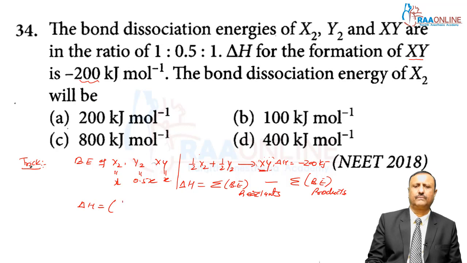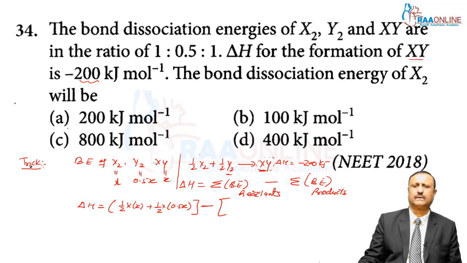Here this is half X2, so we put half X, plus half of Y2, that is 0.5 X, and these are the reactants, the bond enthalpy of reactants. Now minus the summation of bond enthalpy of products.